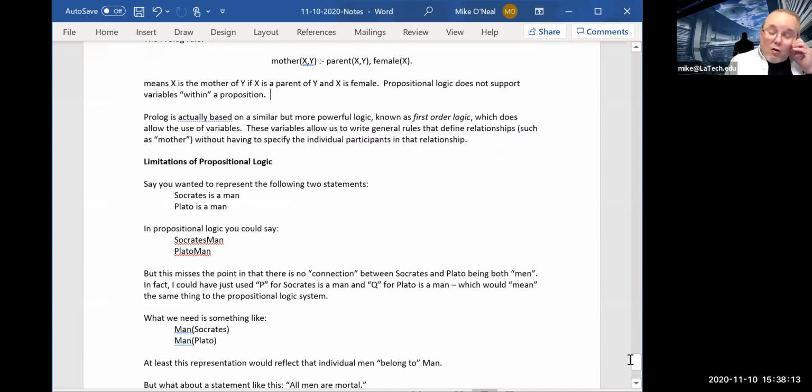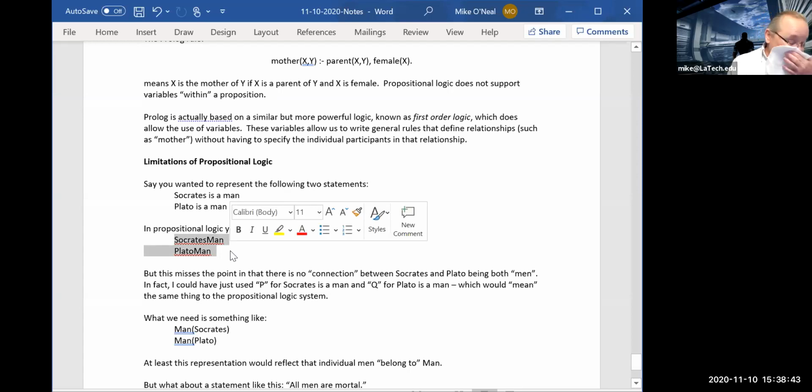So why first order logic rather than propositional logic? I've said this before at least once or twice, but here it is in the notes, and let's think carefully about it. A typical syllogism that you see at the beginning of a logic class is Socrates is a man, Plato is a man. You might say, well, Mike, I can write this in propositional logic.